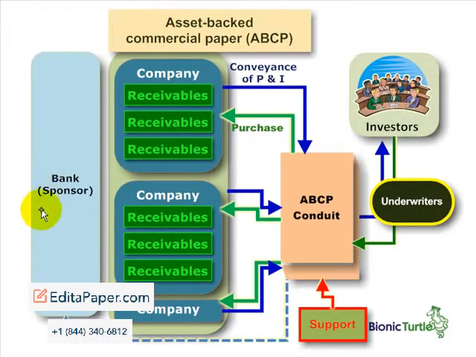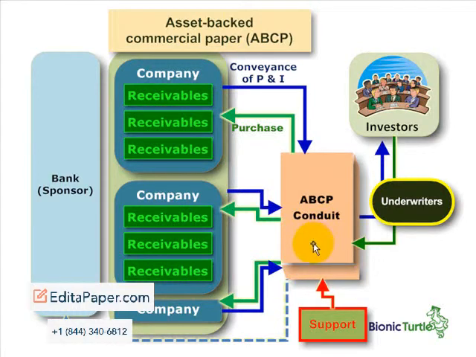We can start with the bank or the sponsor, which typically has a relationship with several companies. Each of those companies has trade receivables. And then there's a creation of the asset-backed commercial paper conduit.